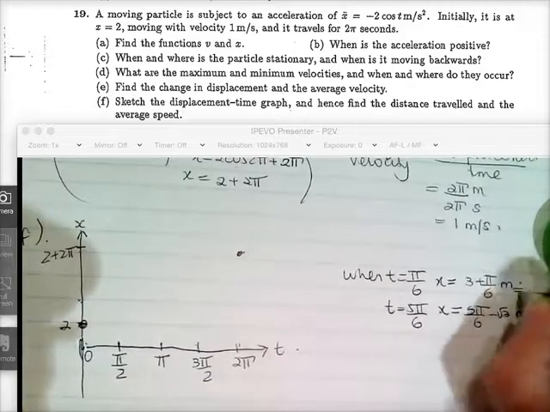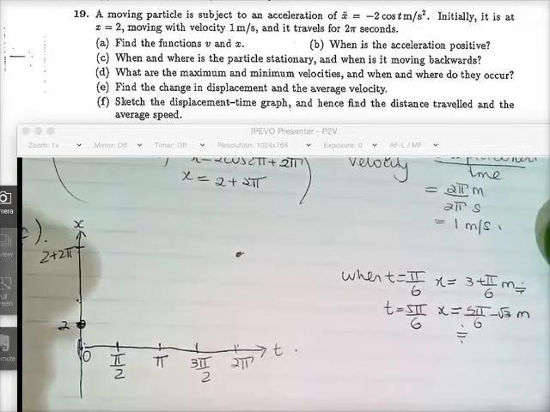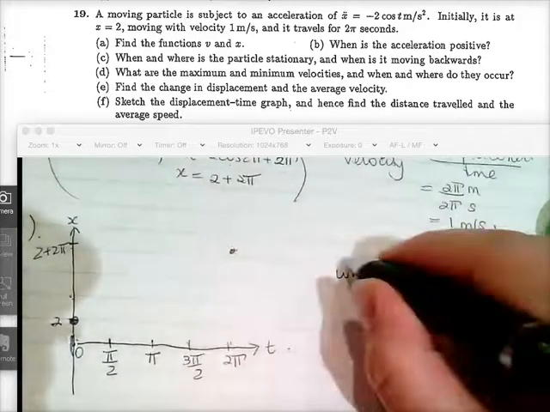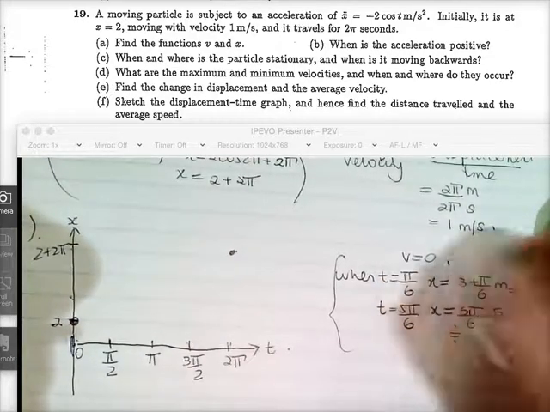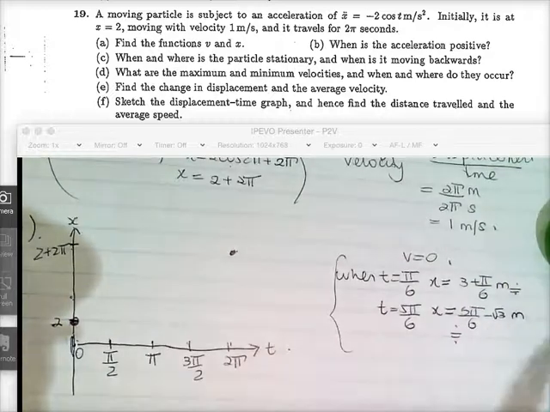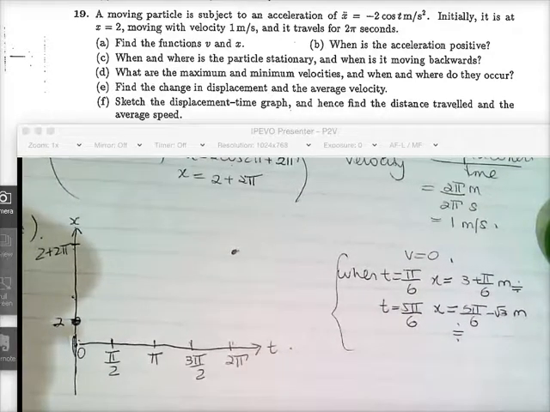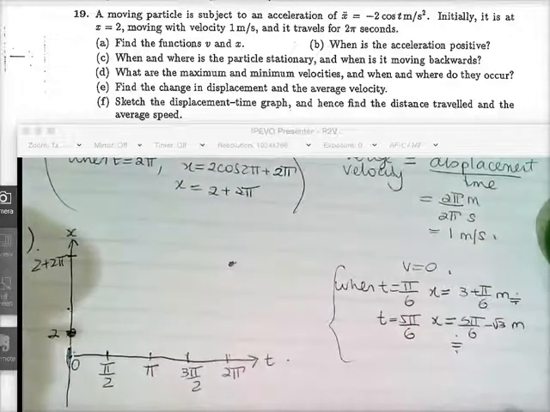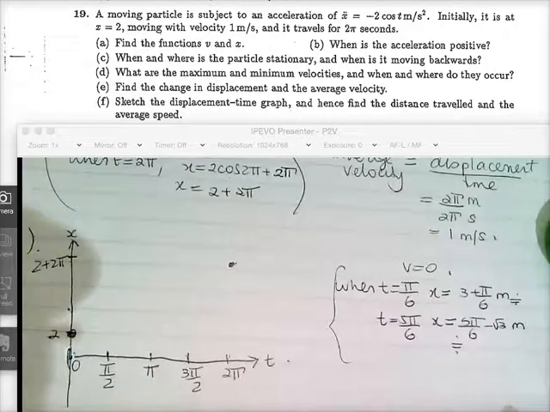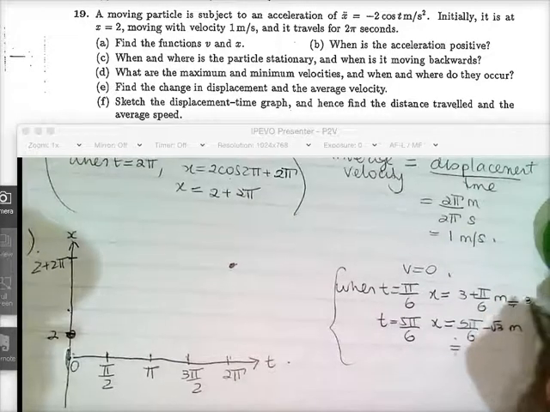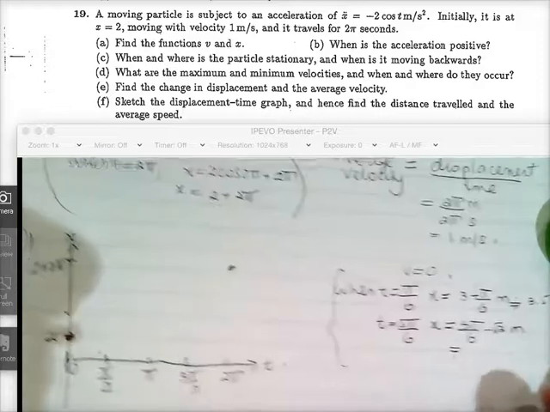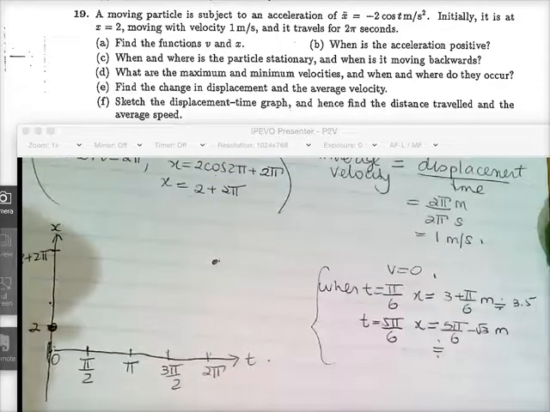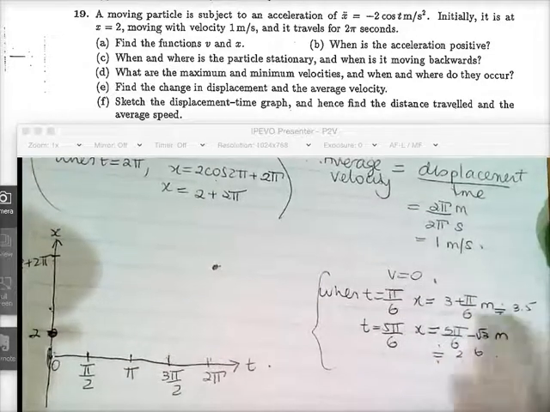Now we can work out what those approximate values are, but we were also told that at these times velocity was 0, which means the gradient of this displacement graph would be 0 because velocity is the gradient of the displacement graph. So root 3 plus pi on 6 is approximately 3.5, and 5 pi on 6 minus root 3 is approximately 2.6.